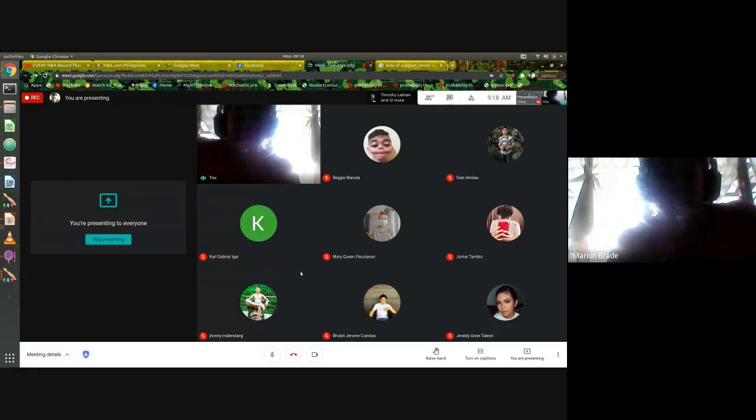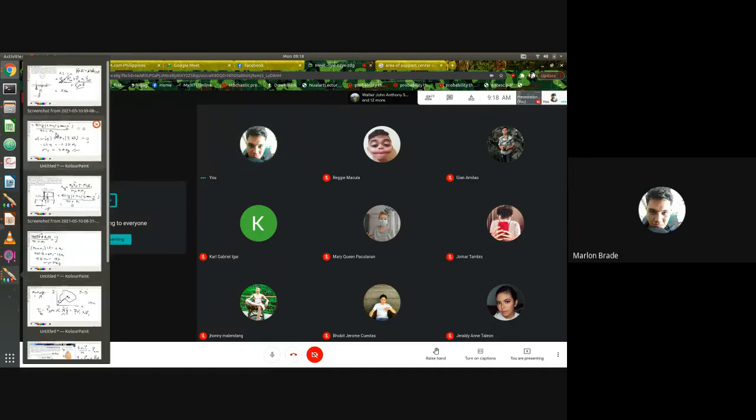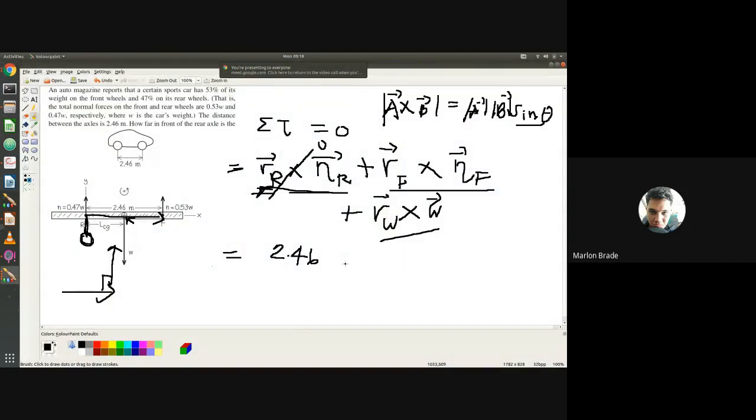So we call it positive, k hat. Okay? So 2.46 multiplied by NF. The NF is the magnitude of the normal force.